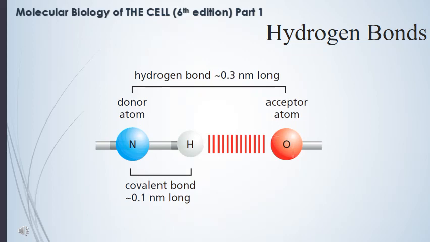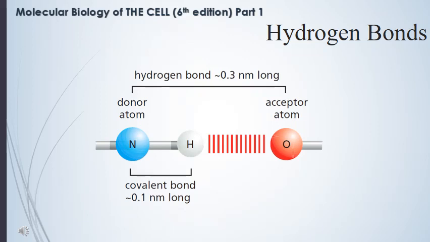atom covalently bound to another one that is more electronegative, such as nitrogen in this case, which results in a dipole positive charge on the hydrogen.